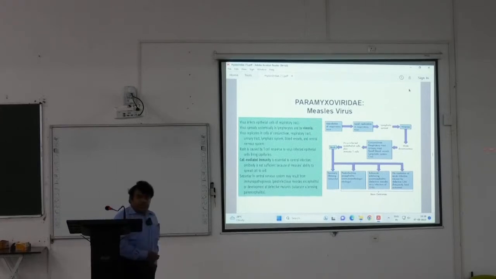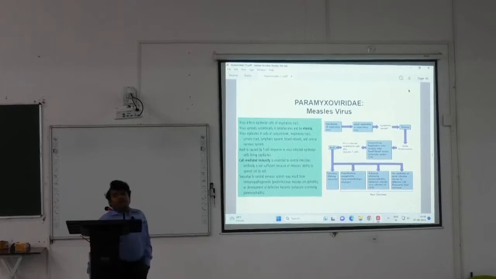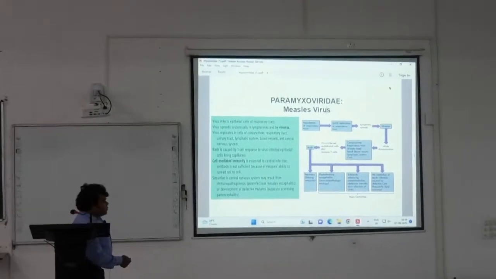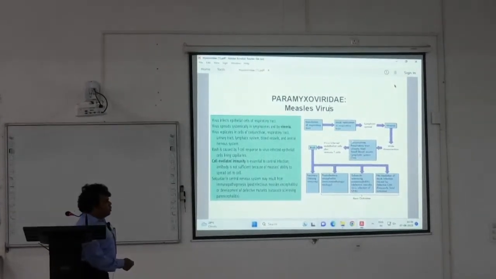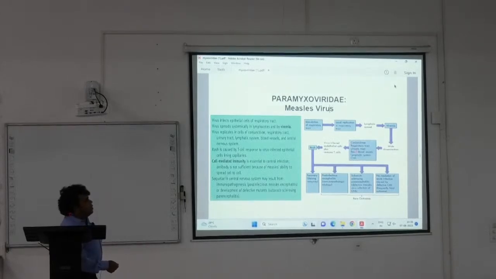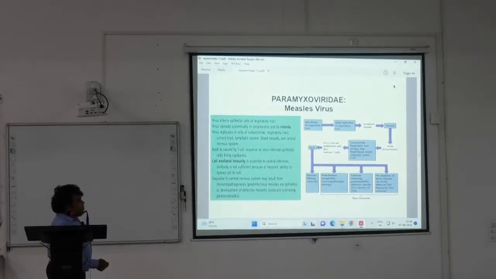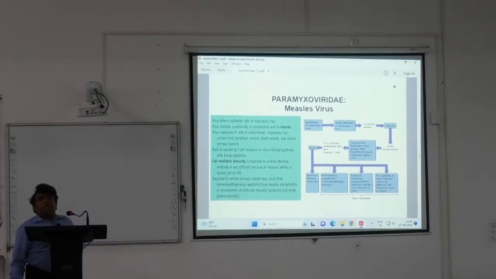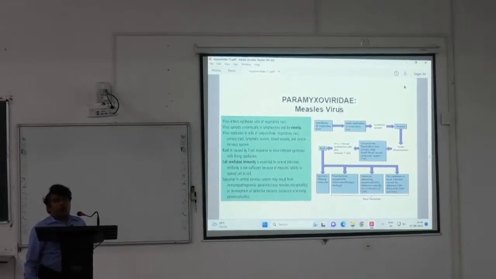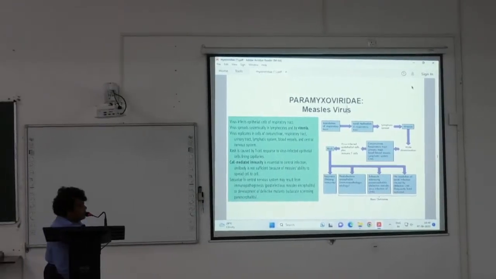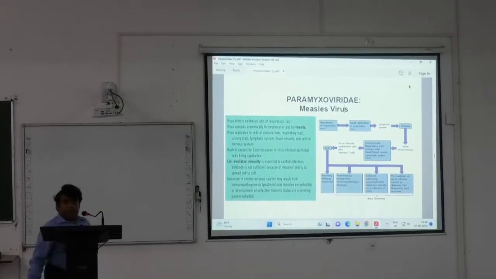There is a local replication, and thereafter it causes viremia from lymphatic spread. After the viremia, the virus spreads into all tissues: conjunctiva, respiratory tract, urinary tract, small blood vessels, and because of the virus, there is local inflammation of the vessels. This causes the rash. Okay.